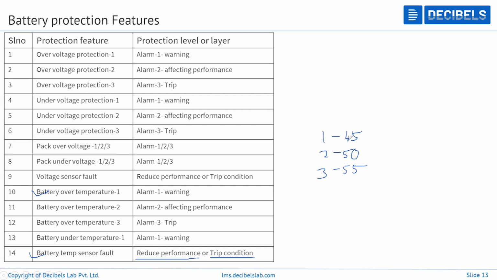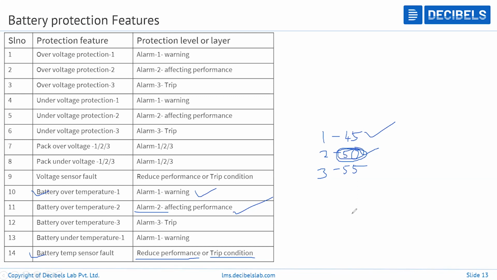In the first level, as it breaches this temperature, it gives a warning. And if it reaches more than 50 degrees, it affects the performance. Let's say you are discharging the battery, you are driving the vehicle. If the battery temperature reaches level 2, don't worry about this number, I'm just taking a random value, it affects the performance.